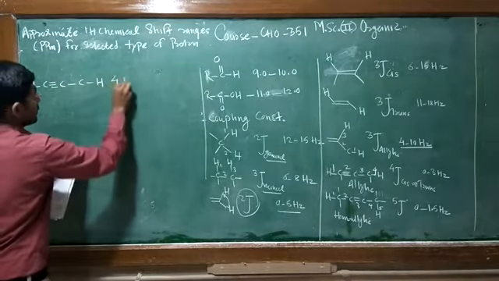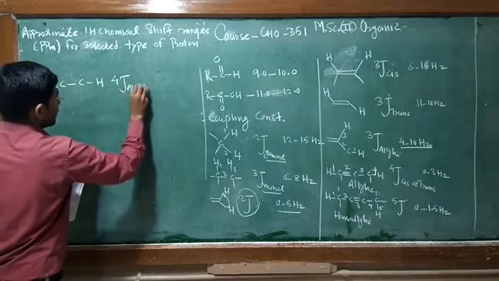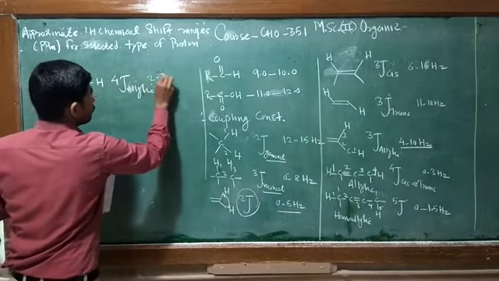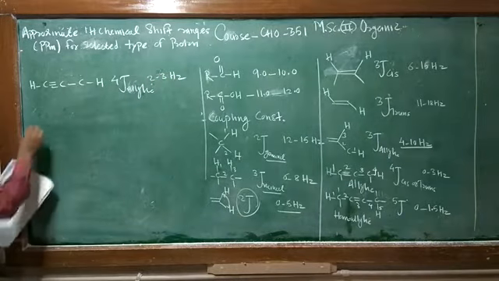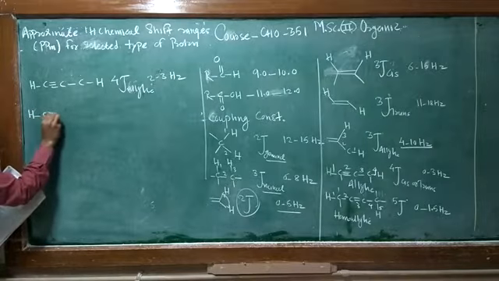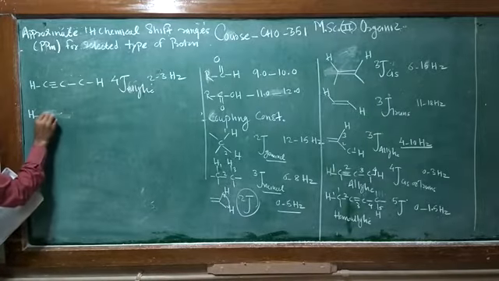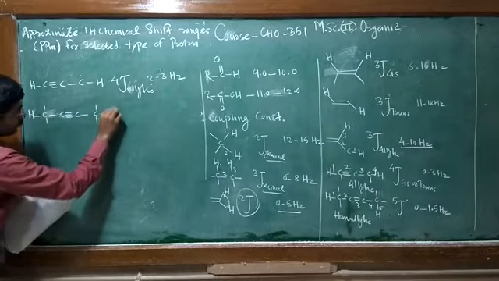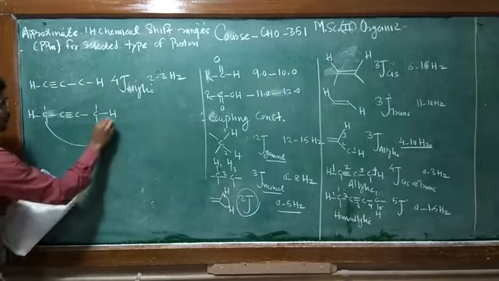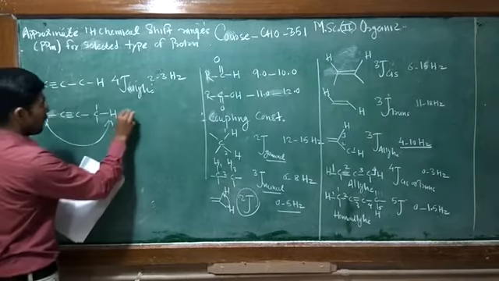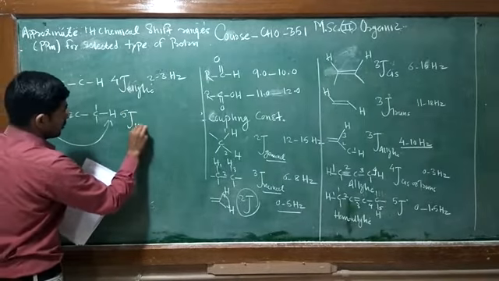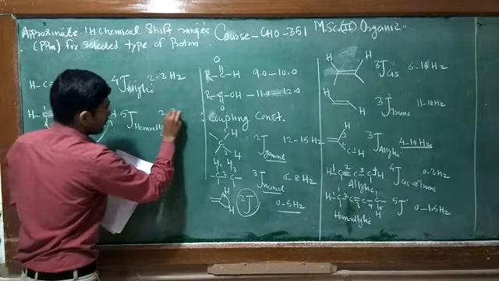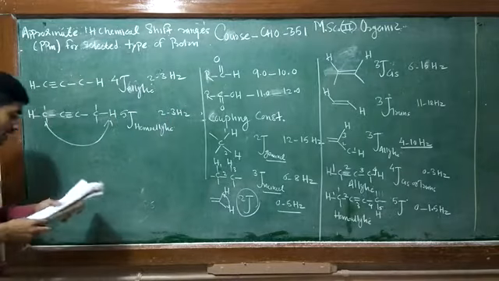So 4J, again allylic coupling, is in the range 2 to 3 hertz. Again homoallylic, between these two protons, is a 5J coupling. This coupling again has the value 2 to 3 hertz in alkyne.